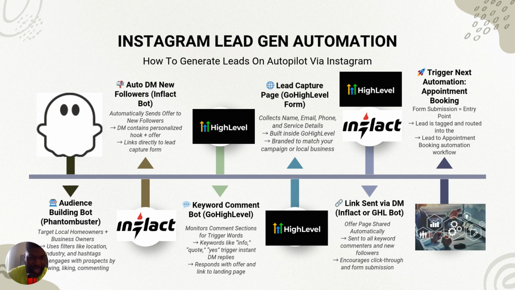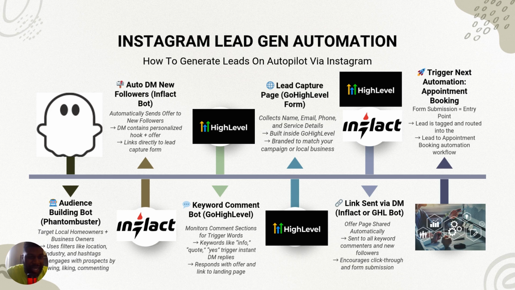Now, the other side is the keyword comments, right? So if you go out there and you're commenting on people's stuff and you're engaging with their things, it's likely that they'll come back to your page and potentially do the same thing. So you want to be prepared for that. If people come back and they comment and they ask a certain question or they say a certain word like estimate or how much does it cost or something of that nature, right?